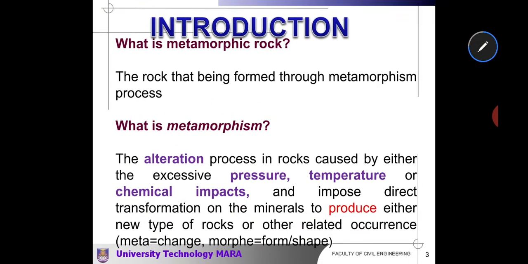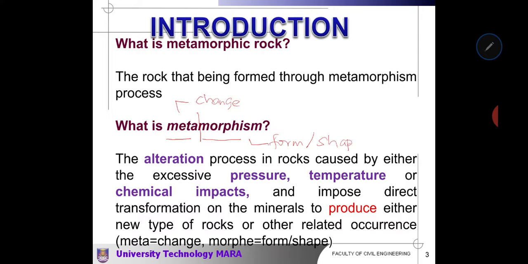Okay, let's see in detail what is metamorphic rock and what is the process to form a new rock from the original rock, what we call metamorphic rock. Let's see the word meta and the word morph. These are two words. Meta is change and morph is form or shape.